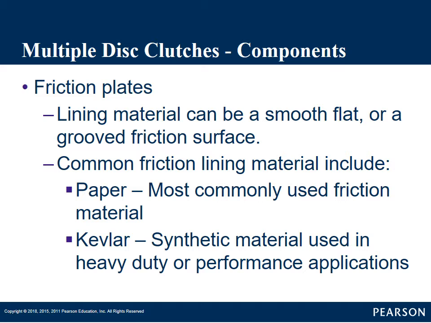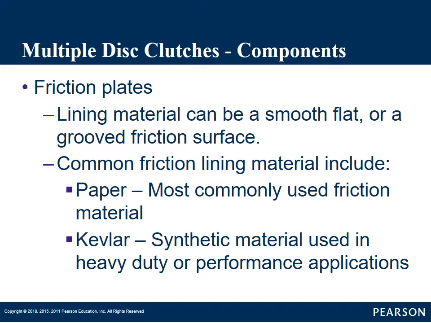The most common material is a paper type material. It's going to be on almost all your OE, your original equipment transmissions, whereas Kevlar, which is a synthetic material, is used in a lot of your heavy duty or performance applications.